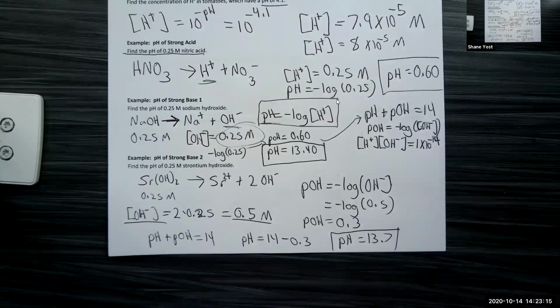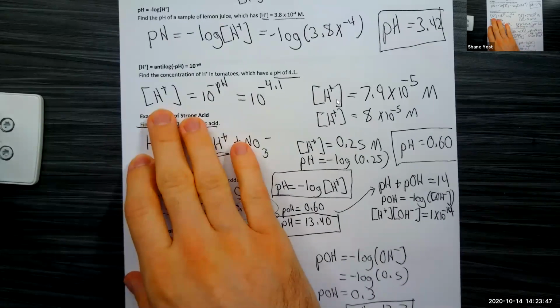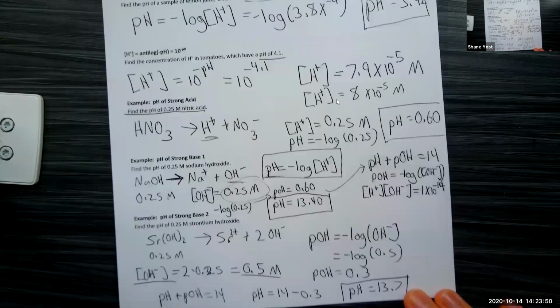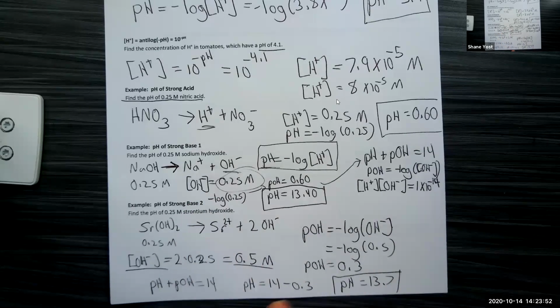Okay, so questions about these 2 examples? You have plenty of examples like this on the homework. But I strongly recommend going over lots of these examples so you get very comfortable calculating the pH once you know concentrations of H plus ions, like in the example up here, versus the concentration of, say, OH minus ions in solution.